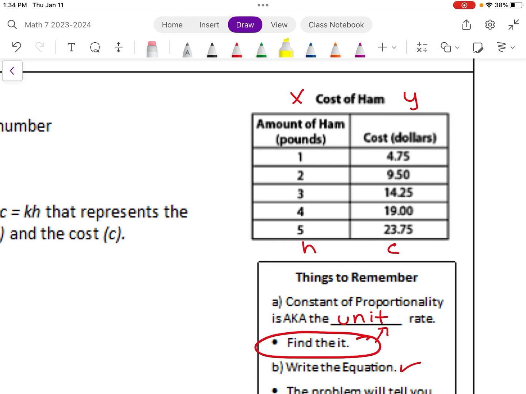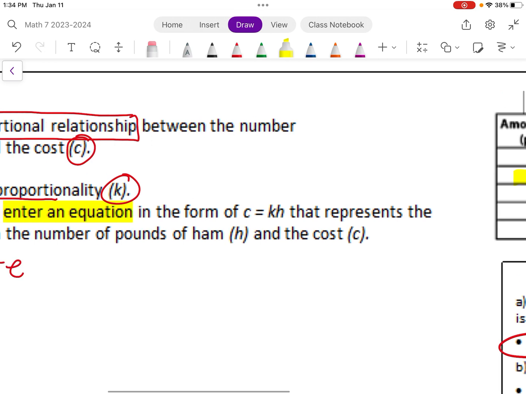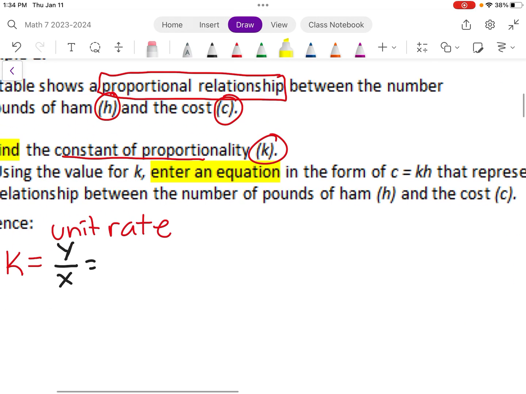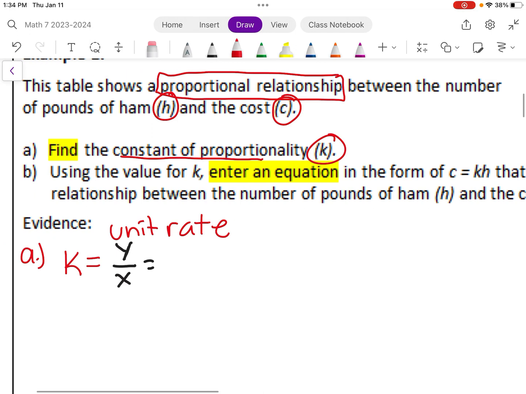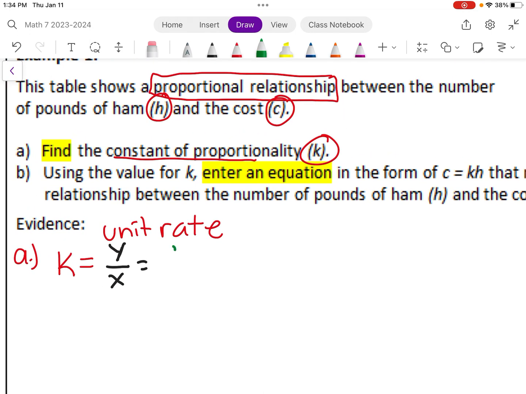So let's pick a value. I'm going to choose 2 pounds and $9.50. From this, we said that y is C, so this is my new y, and x is H. Now we've got to take those values, $9.50 and 2, and find the unit rate.